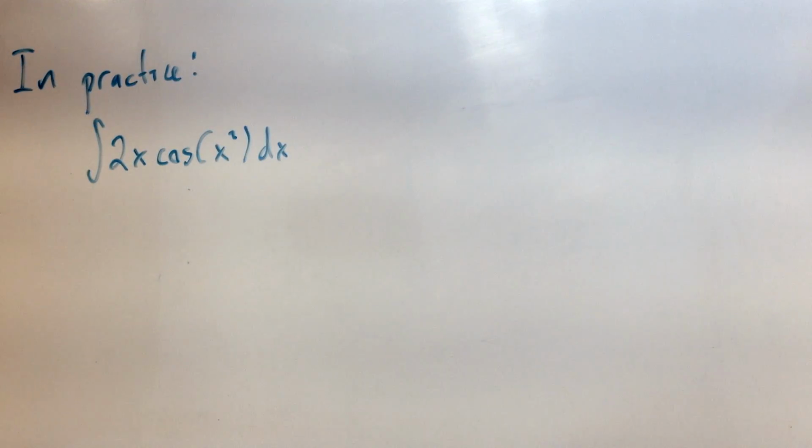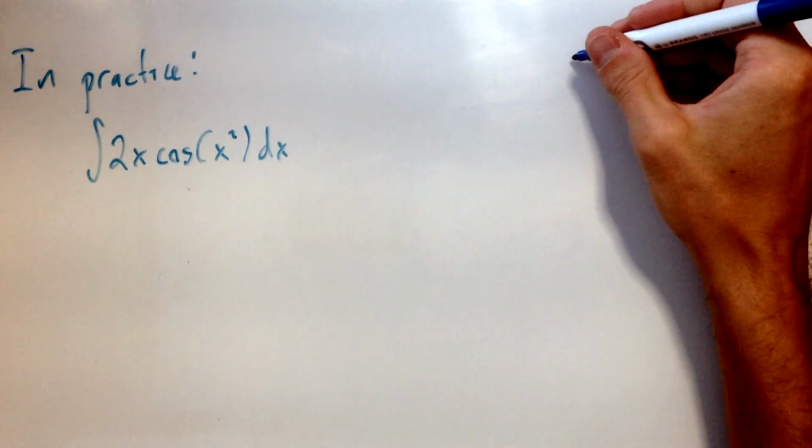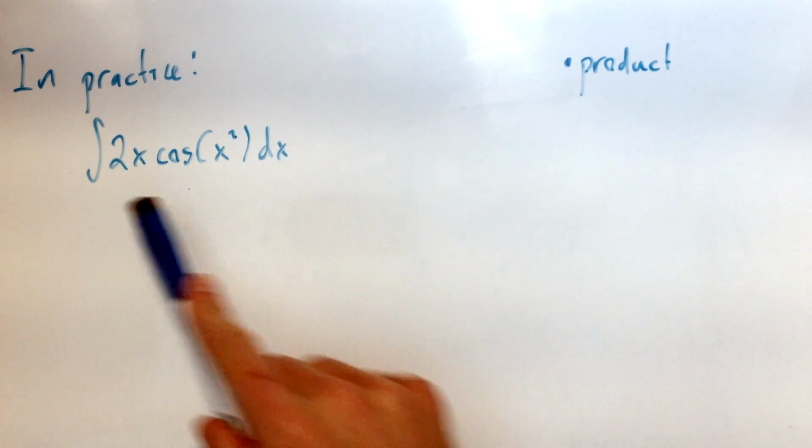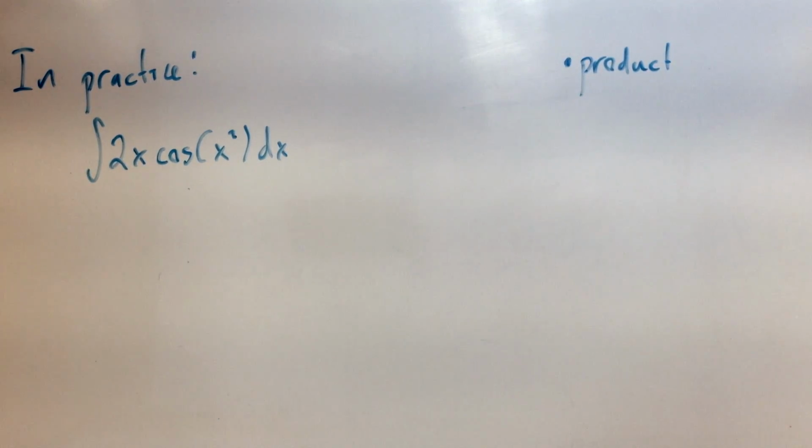All right, so let's actually see this in practice. Let's actually use this substitution rule to integrate 2x cosine of x squared dx. Now, I would like to note that I know to use this technique for two reasons. One thing is that I see a product, 2x and cosine of x squared. That is often something that suggests that I should try substitution.